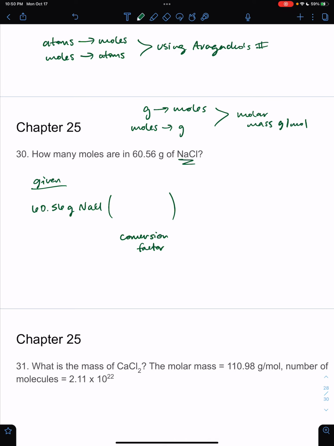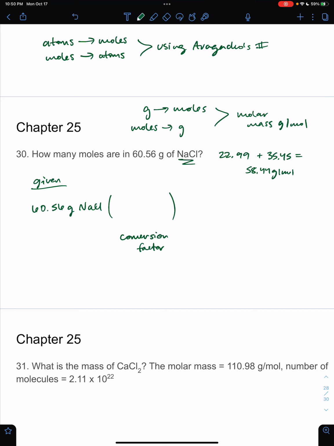It's about 22.99 plus the molar mass of chlorine. It's about 35.45. So adding that up, the whole thing equals 58.44 grams per mole.